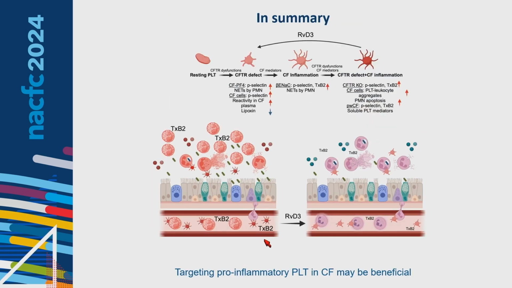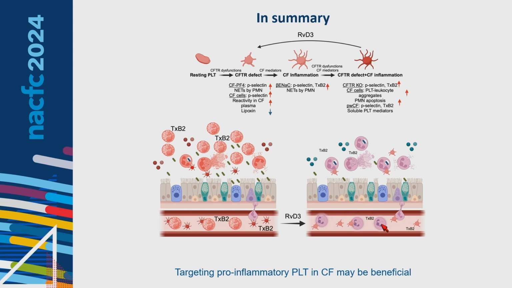So in summary, we built this model, in which we believe that the resolvin D3 treatment, by affecting platelets in circulation, reduces blood platelet activation, and this in turn modifies the action of leukocytes that aggregate to platelets, including neutrophils.